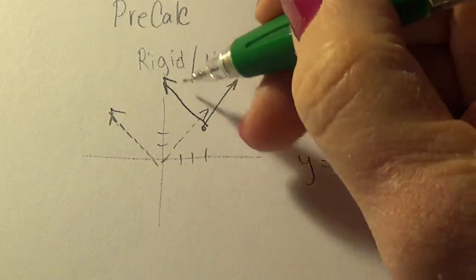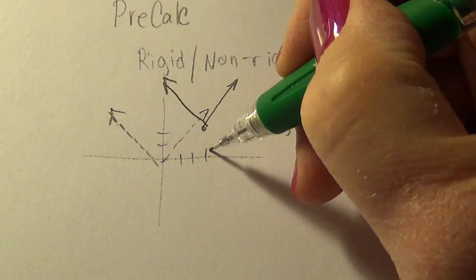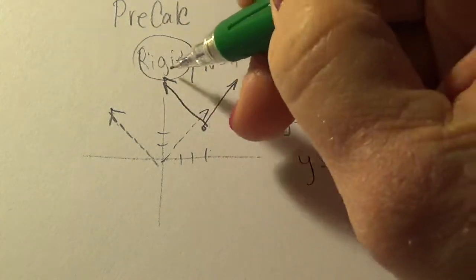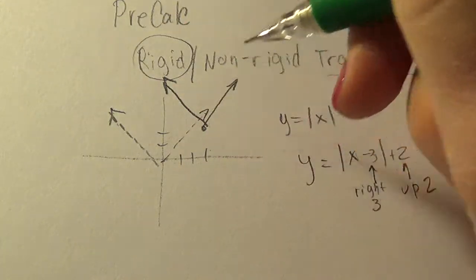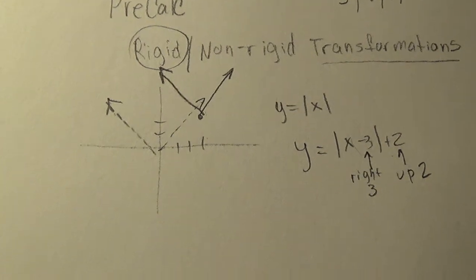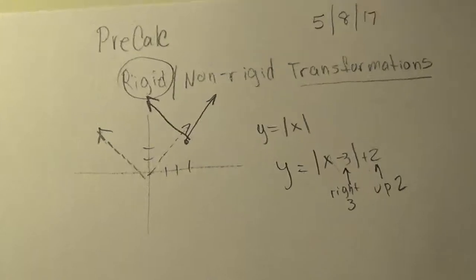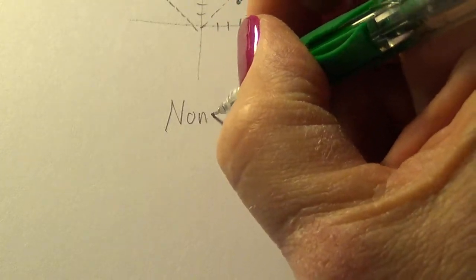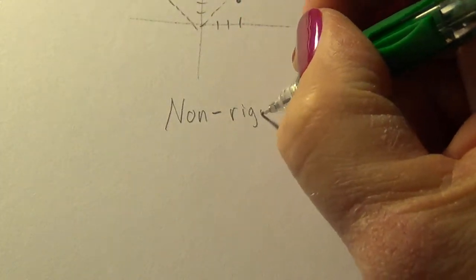I picked it up and just moved it as it is over 3 and up 2. So we call it rigid because it is staying the same. It is like a rigid graph that's not been changed except in its position. The shape is identical. So now the tiny whiny thing we're going to cover tonight is non-rigid.